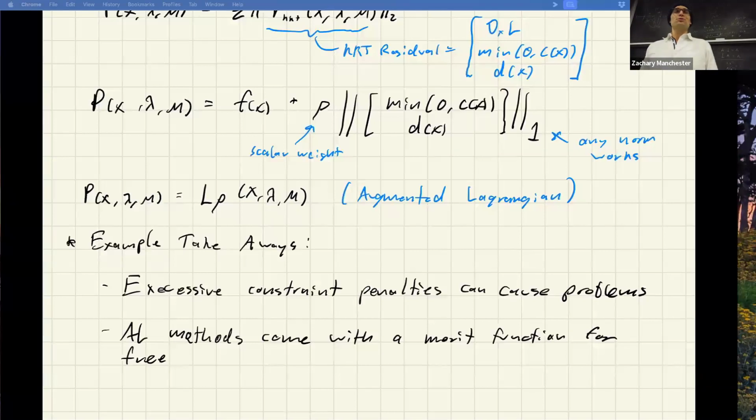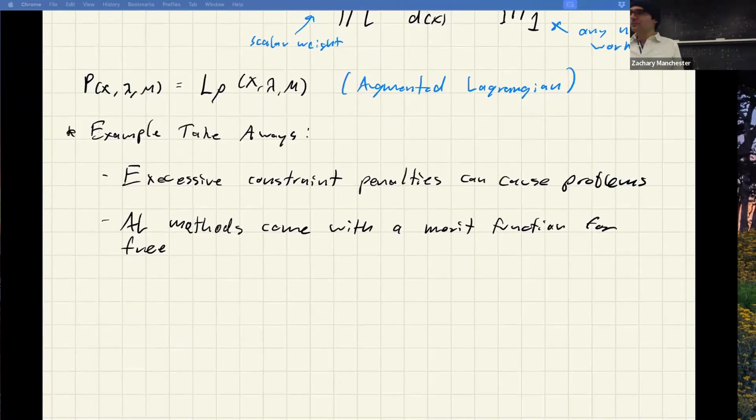AL methods are just very user friendly. They're easy to code up, and they mostly work. So I'm a fan. Okay, cool. Any other questions?